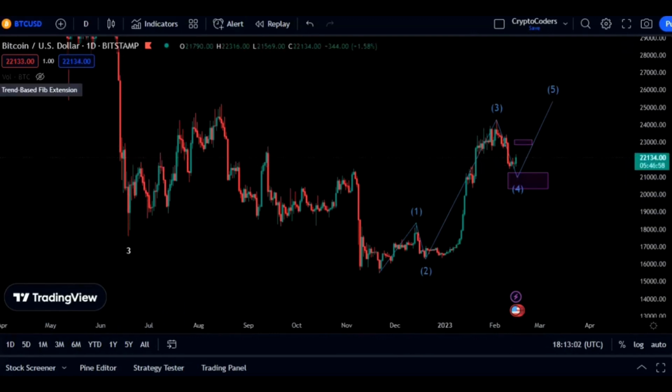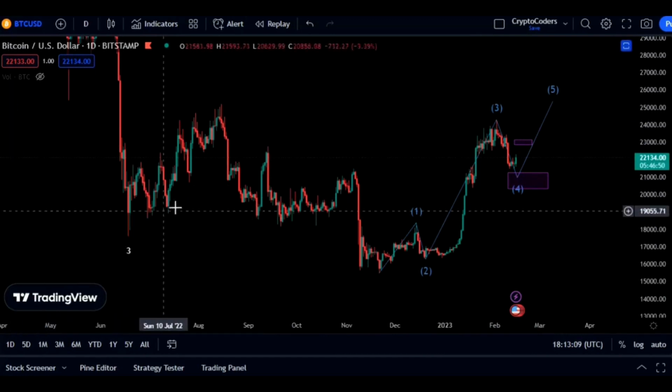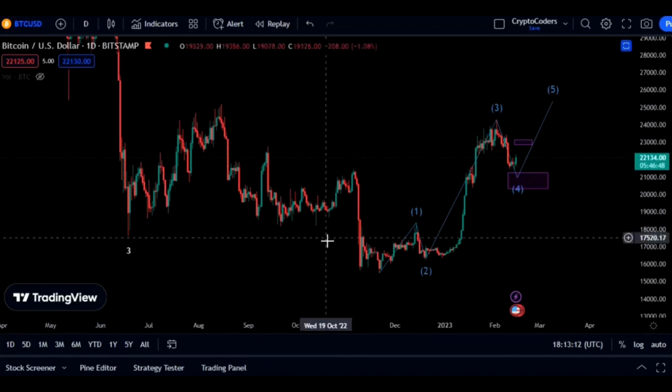So I will first tell you about my bearish scenario. In our bearish scenario, we are considering that all of this is a wave 4.